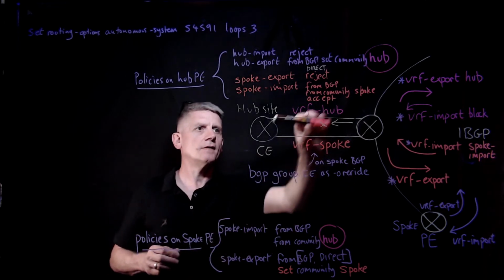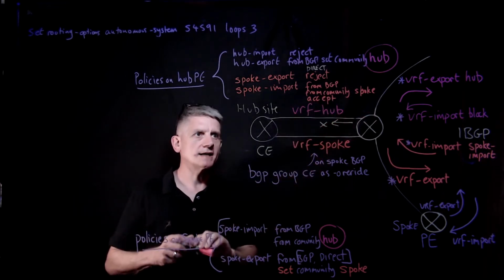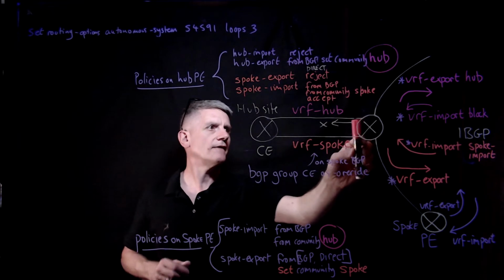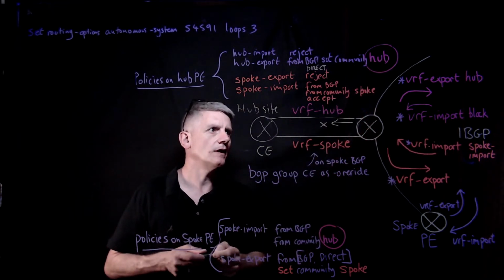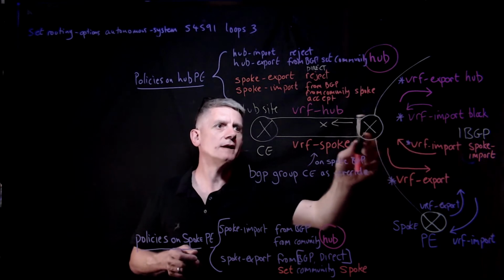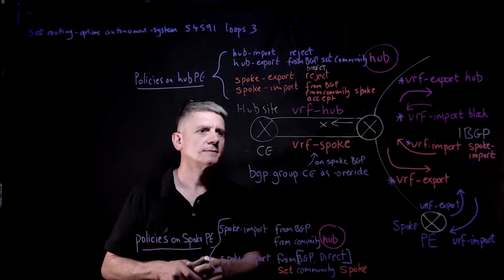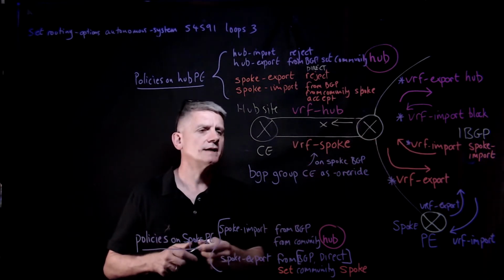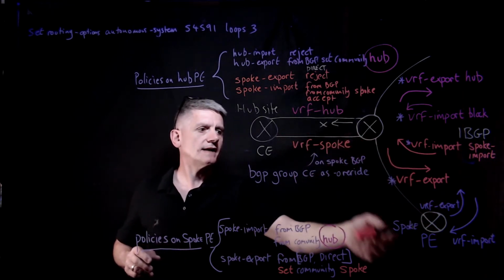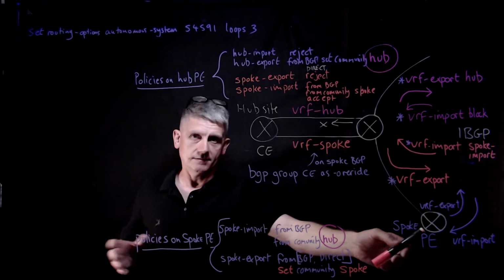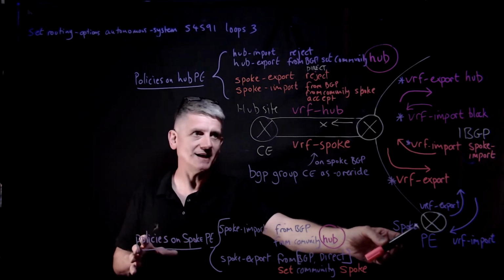So the hub obviously has an import and an export. So the VRF export into internal BGP will set the community value hub. The import will be completely blocked, so very asymmetrical. On the spoke side will do the opposite. It will be learning routes advertised from the spoke PEs.